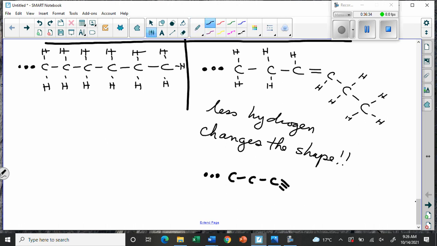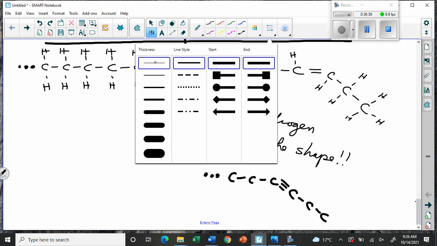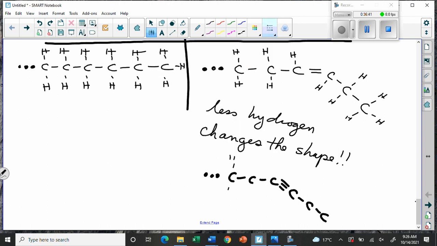So to hold hands 3 times, that would be even less hydrogens, because if you put them around like this, well, that one's already got 4 hands, doesn't it? 3 to the other carbon and 1 to the one behind it. So you don't need any hydrogens on those 2 guys. So that's even less hydrogen. Right? Even less if you have a triple bond, even less hydrogen, and also changes shape.